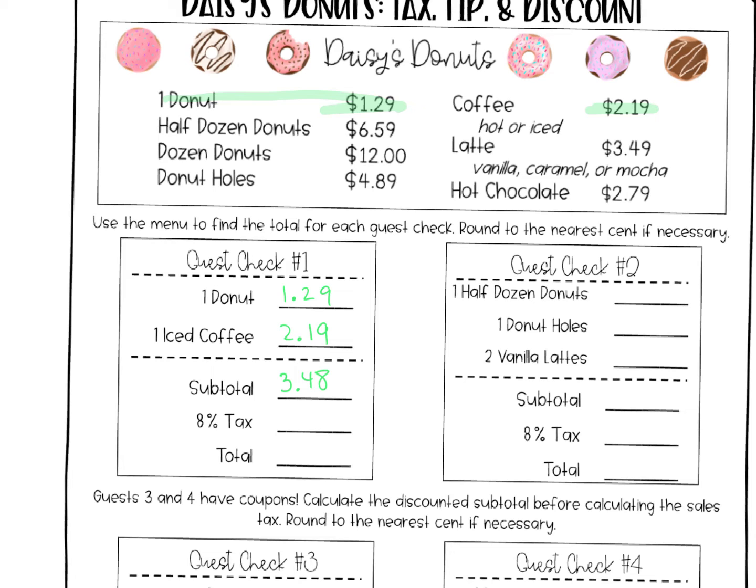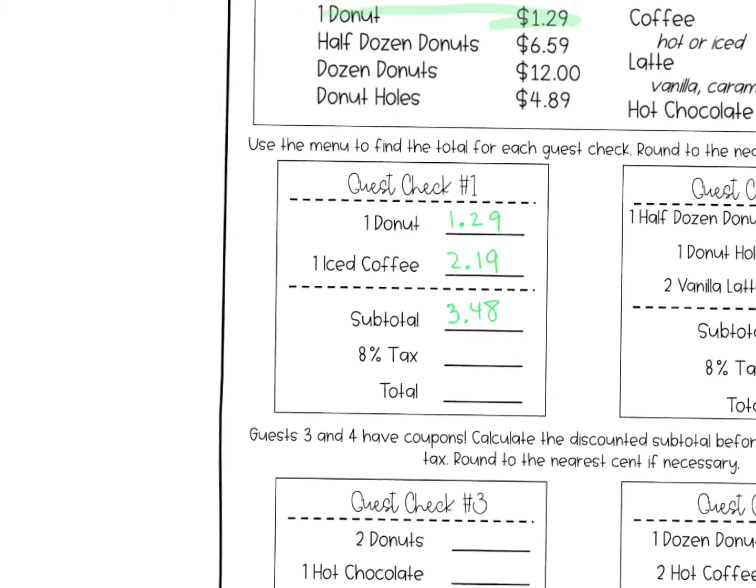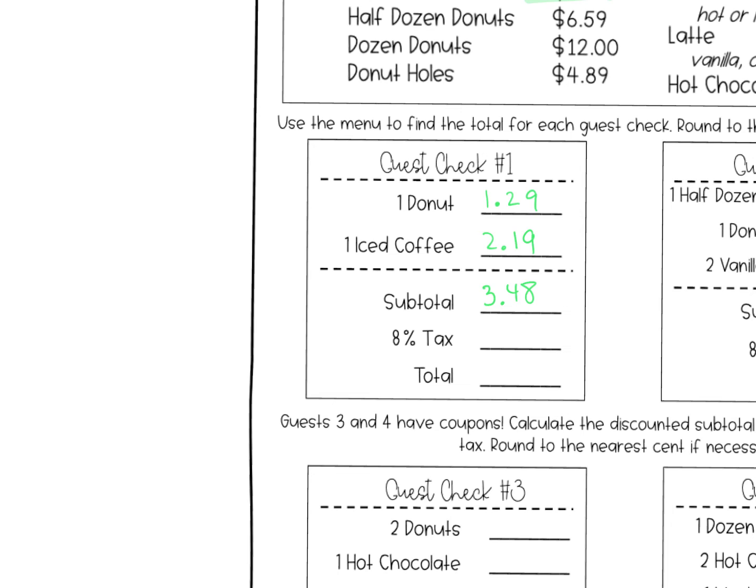Now to figure out what my actual total is, I need to add on this tax. Well, how do I do that? I multiply by the total bill. So my tax right here is 8%, which is equal to 8 over 100, which is equal to 0.08, okay?